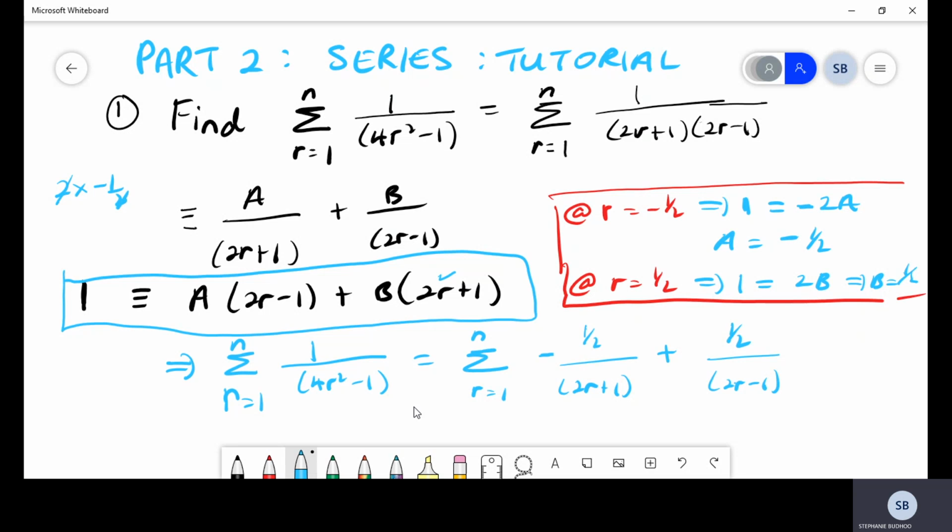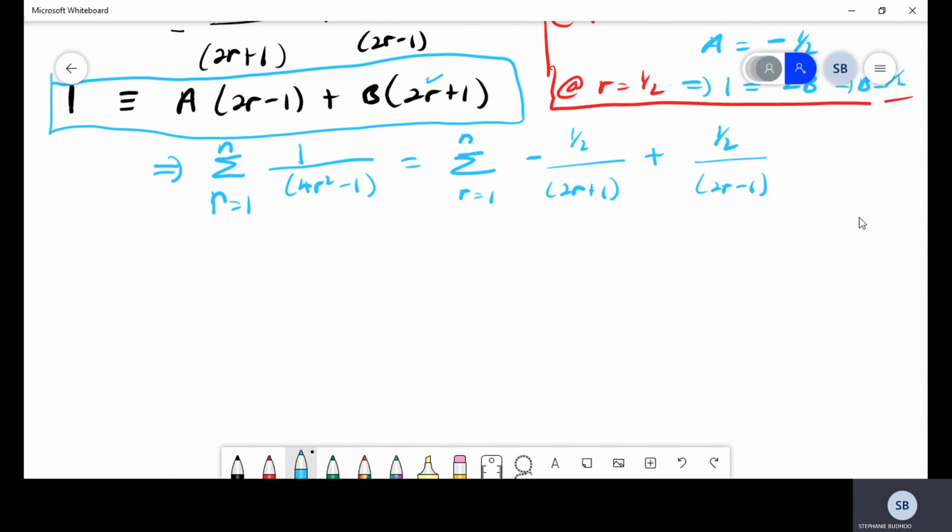So what we are going to do here is bring out that half in front, right? So bringing this down here, our original question will lead us to get a half, the summation as r goes from 1 to n of, what I'm going to do is rearrange this so that my positive is written first.